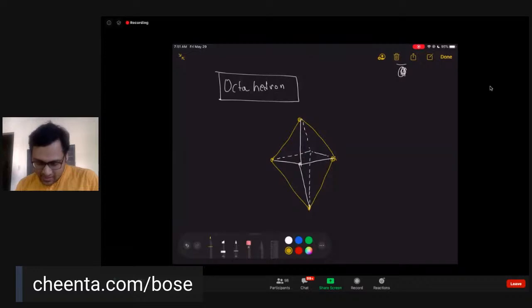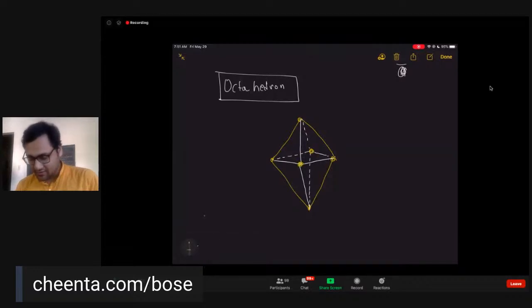Now, how many corners are there in the octahedron? How many vertices are there? Can all of you count? Okay. I'm getting answers now. That's great.